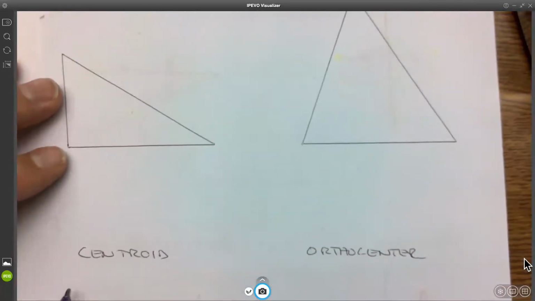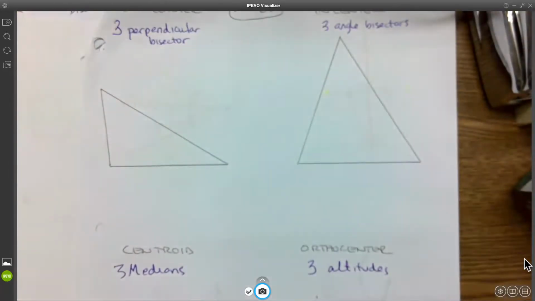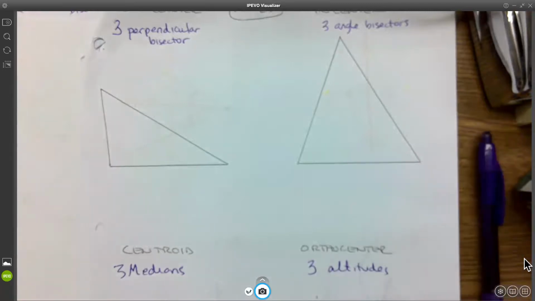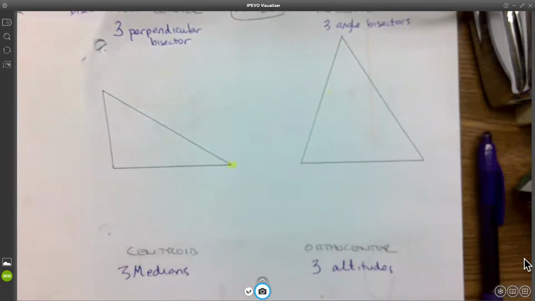Any guesses what we do to make the centroid? 3 medians. And the orthocenter? 3 altitudes. So what does that look like? I'm going to color my little corners here just for easier conversation.